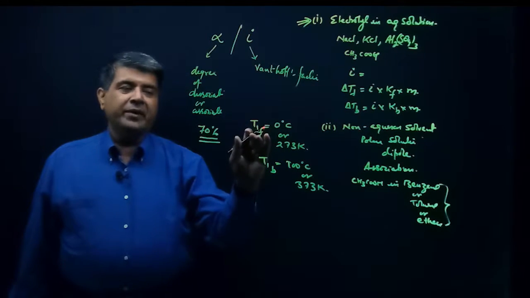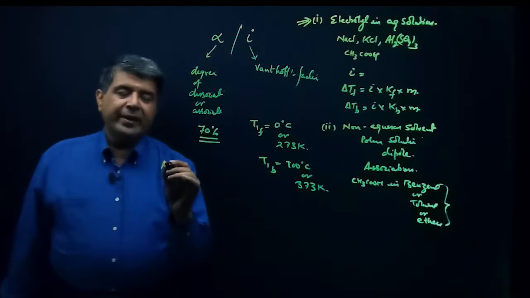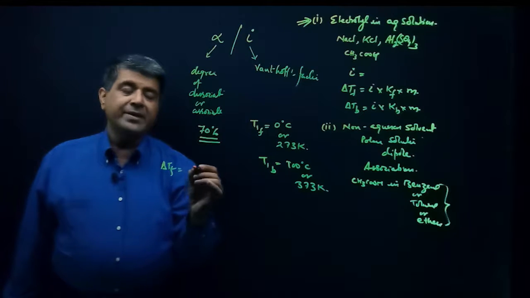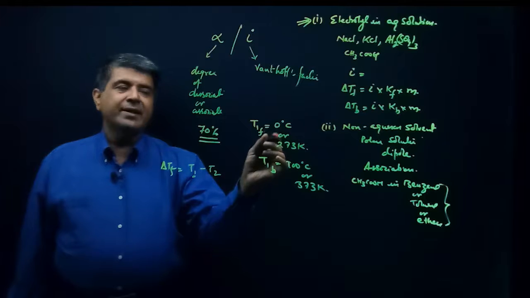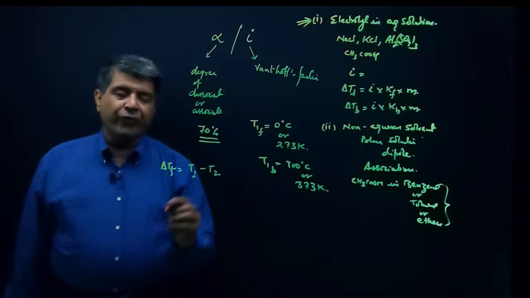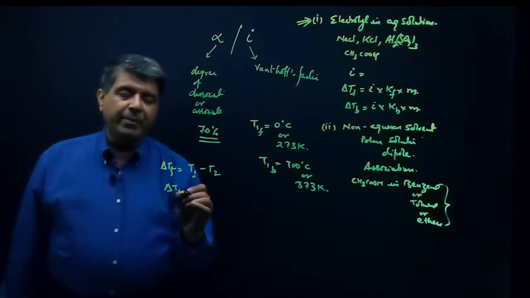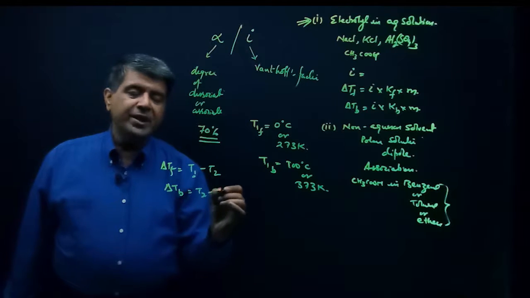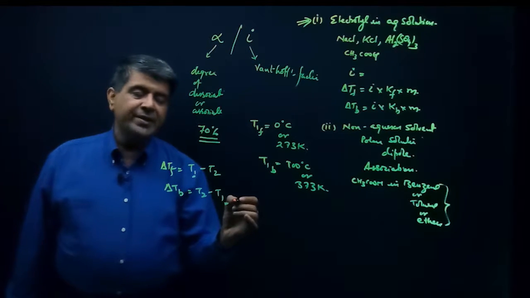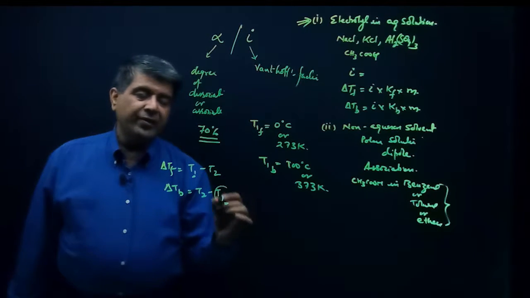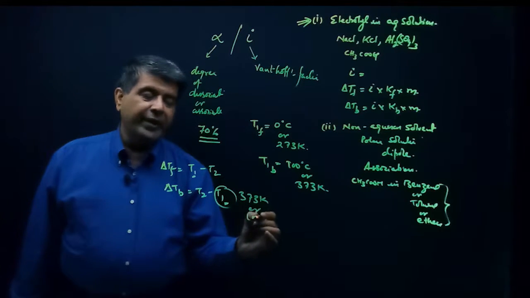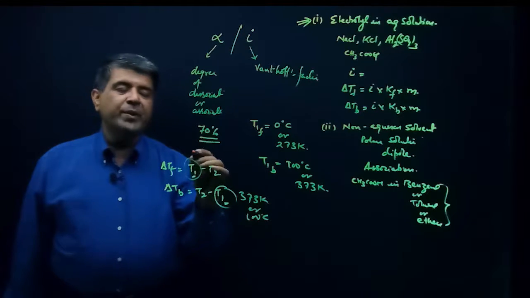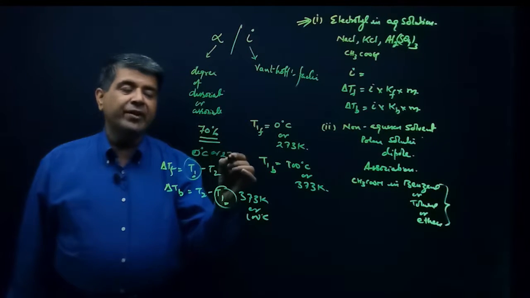Now, the formulas would be like this. Delta Tf is T1 minus T2, and T1 is 0 degrees centigrade in case of freezing point, and delta Tb would be T2 minus T1, and in this case T1 is 373 Kelvin or 100 degrees centigrade, and that would be 0 degrees centigrade or 273 Kelvin.